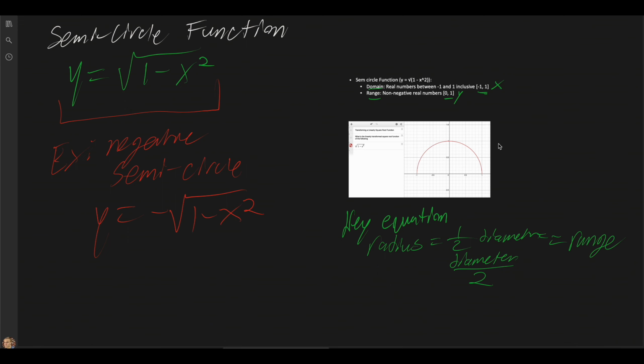The negative is typically in the front, and we would have the same range as in distance-wise, but in this case it would just be at negative 1 over here, and it would still have the same domain. So we have 1 and 1 over here. So that's for further context, and then this is also 1 up here. Okay. Now that we got all this stuff out of the way, let's head over to our first practice problem.